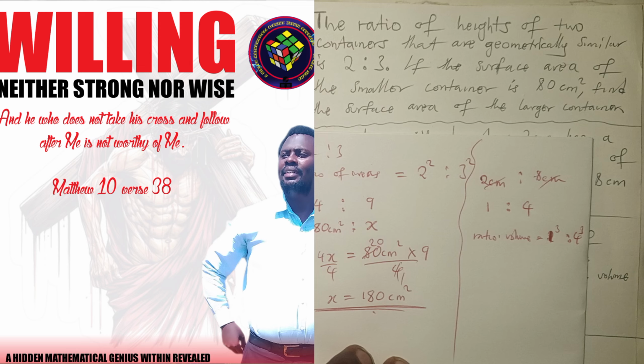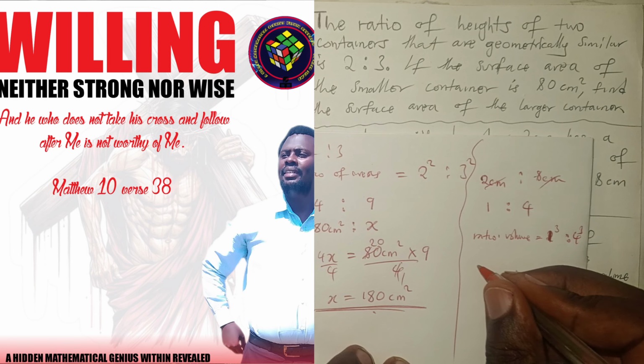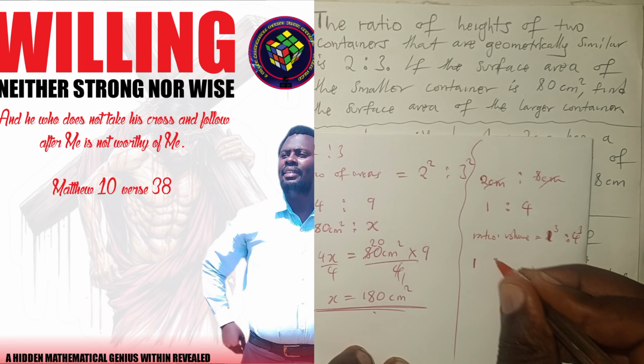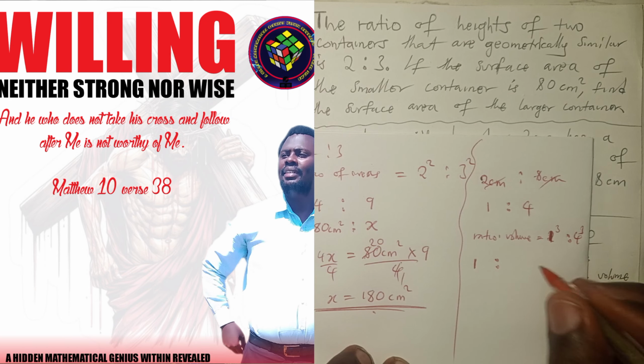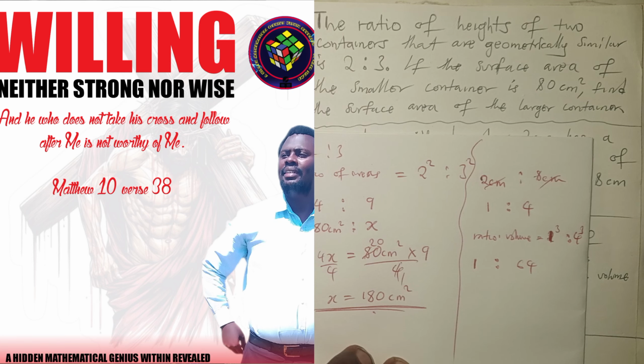So you just cube the ratio of sides, then you have the ratio of volumes. So 1 cubed, you get 1, 4 cubed, that is 64. So we have 1 to 64. So that is the ratio of volumes.